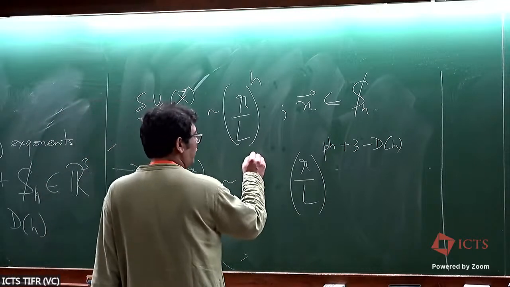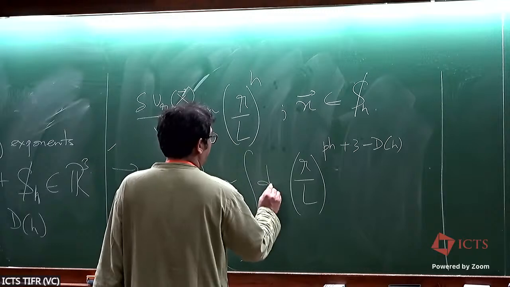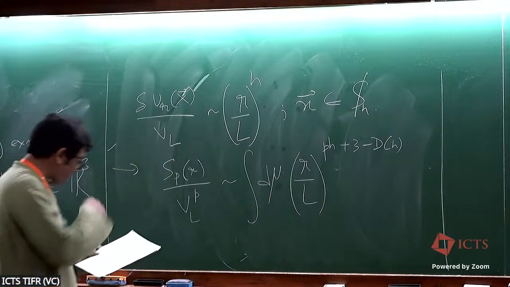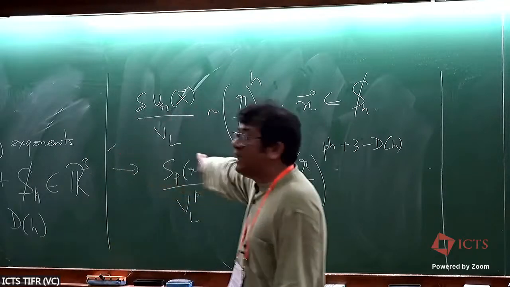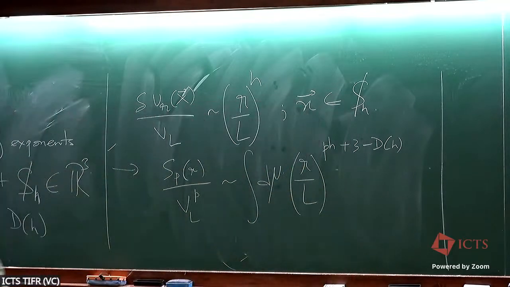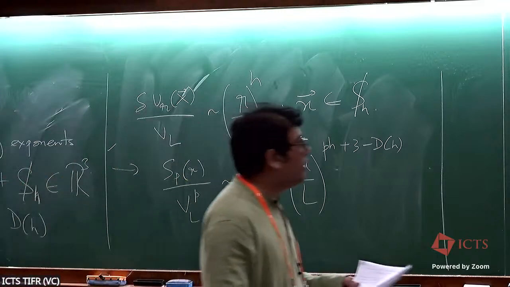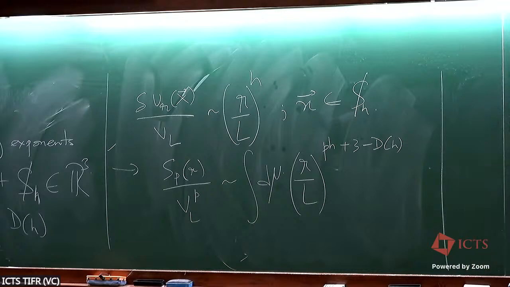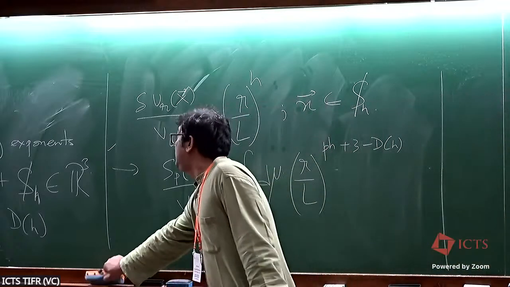So instead of summing over all of them, I will basically integrate over the whole distribution. So I will be integrating over all the exponents and all the D of H's that we have. So this is the most general form of the beta model where I've allowed a full spectrum of all these exponents. So the rest becomes reasonably clear.